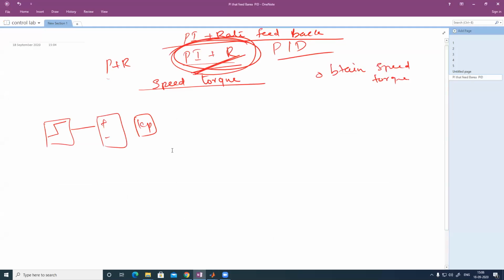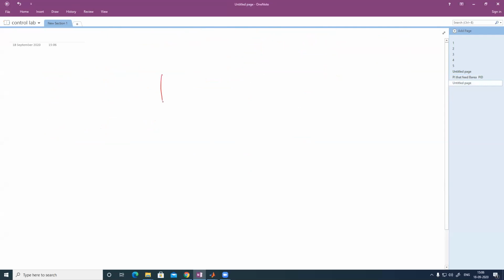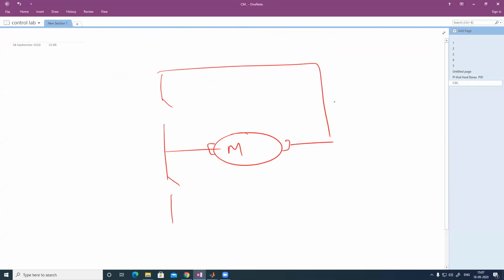So the supply voltage limit is, if you are having a motor with four quadrant operation, here switches will come.